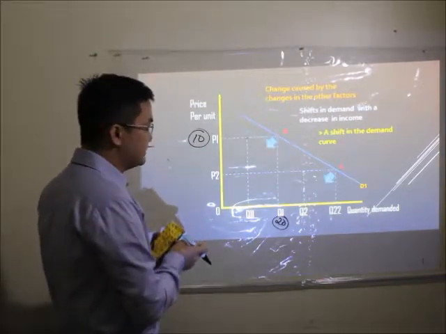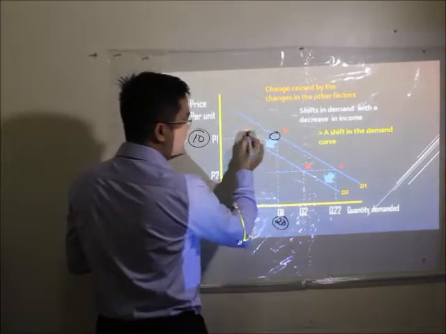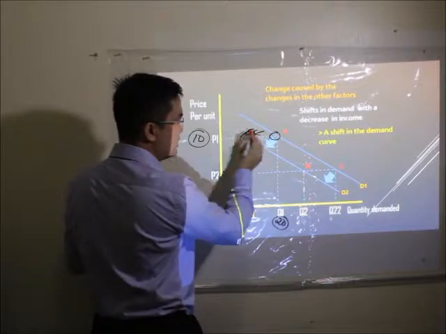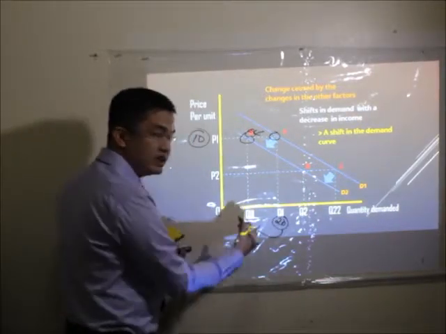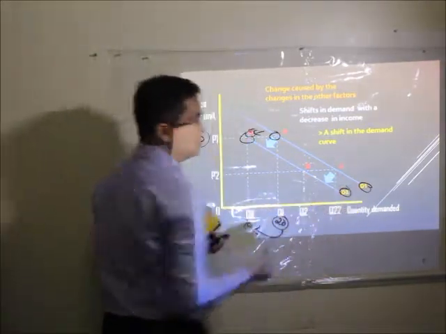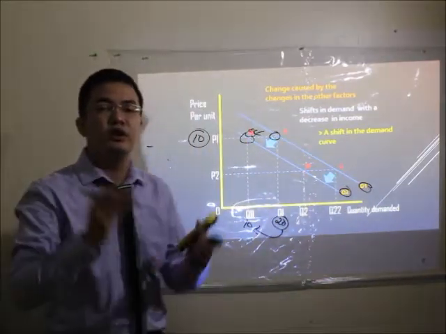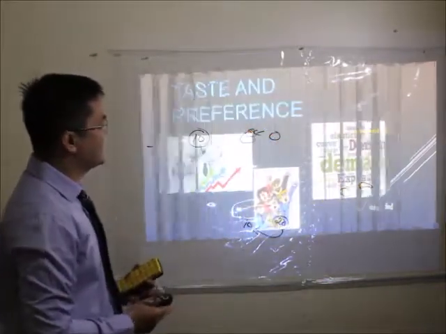There will be a change in the quantity demanded. From point A, it will shift to point B. So from 20, it will decrease to 10. Okay? From D1 to D2. That's also called shifting of the curve. Let's proceed to the next example.